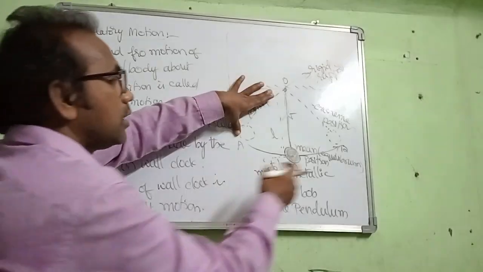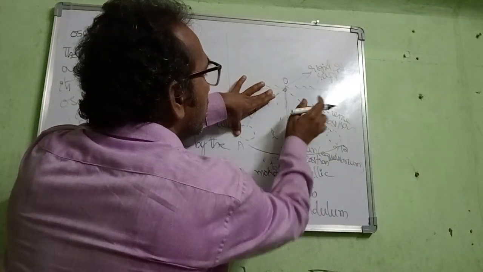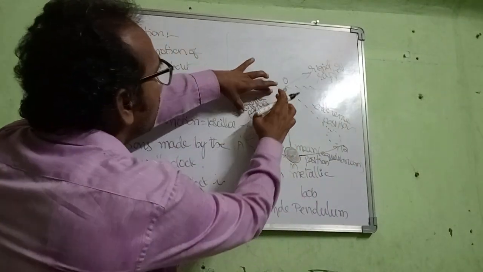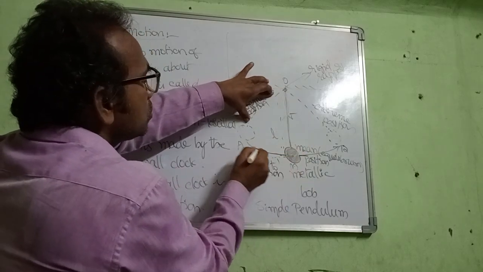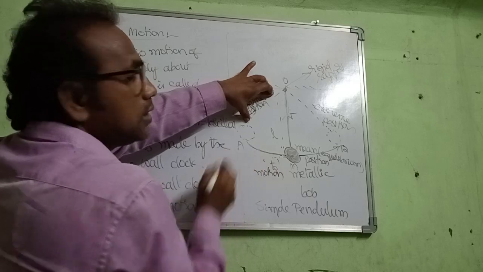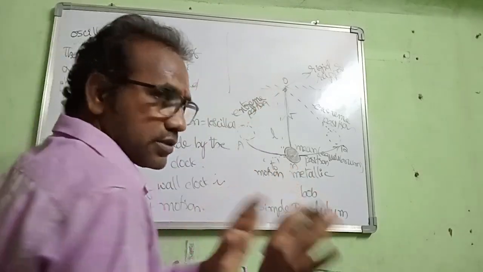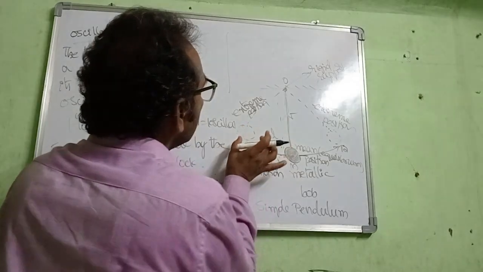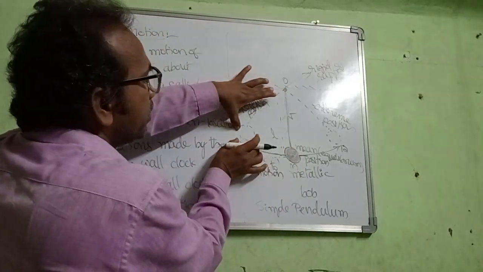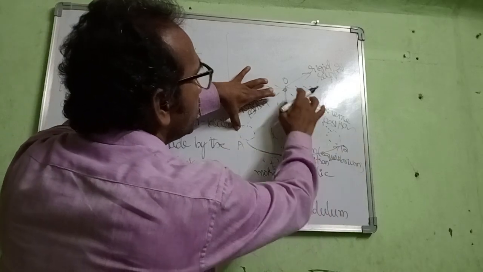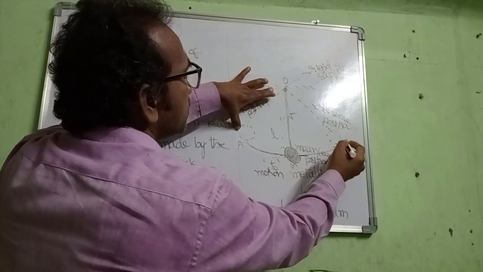Whenever it is moving from OA to OB, some force will act on this bob. If it is at position OA and I leave it, automatically it reaches extreme position OB.